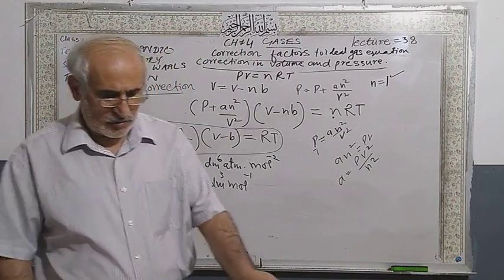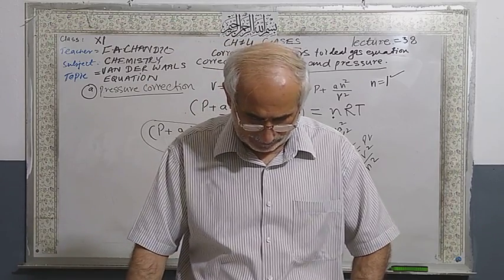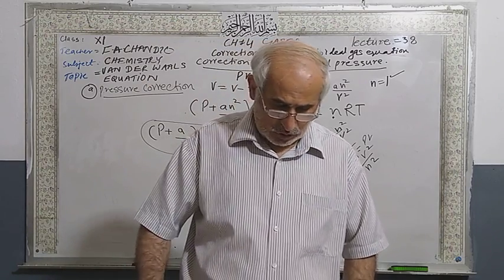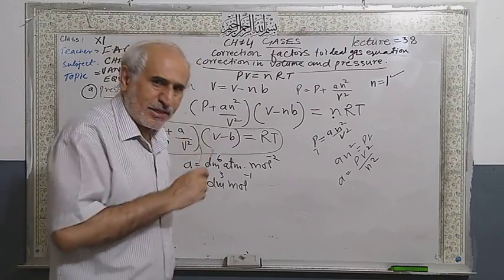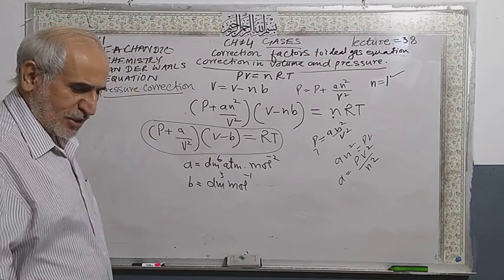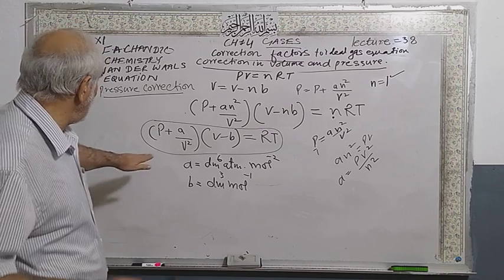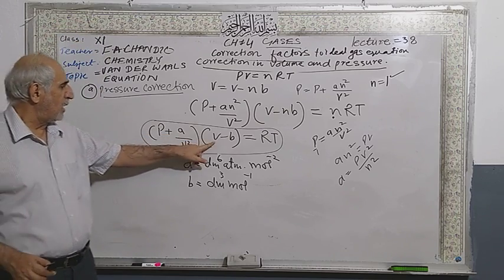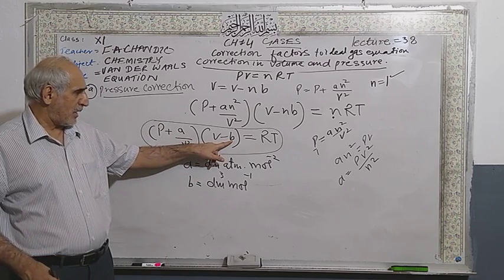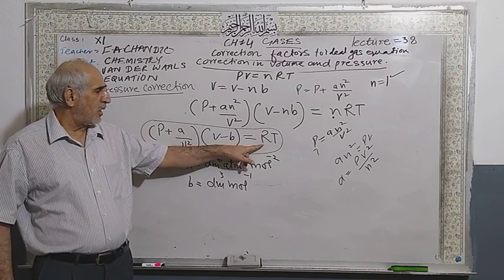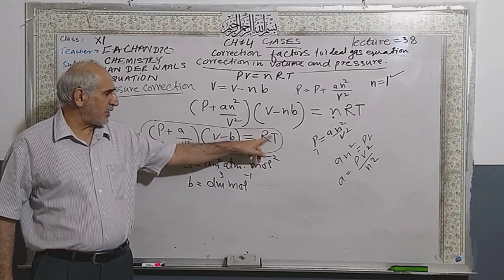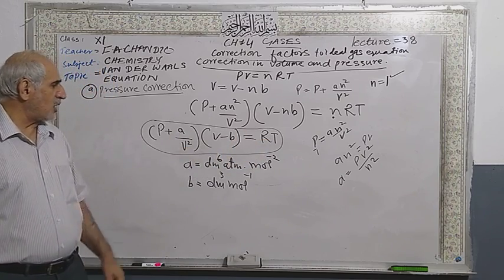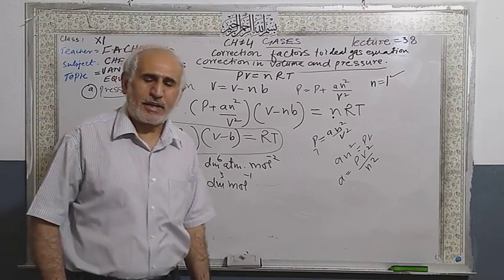In the numericals, these values are also given. These numericals are very important. In exercise 2, numericals are given. This is the van der Waals equation: P the pressure, a the constant, b the incompressible volume, R the gas constant, T the temperature. Constants will be given for every gas.